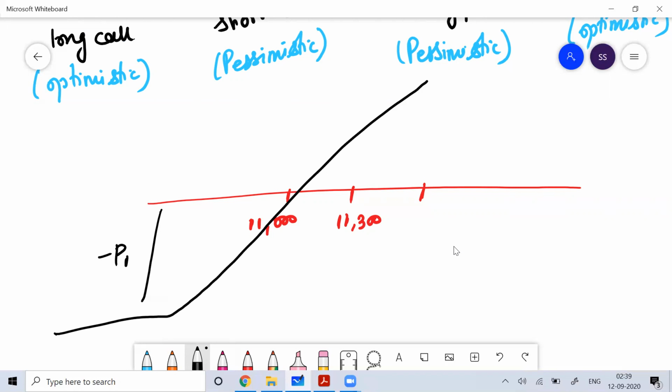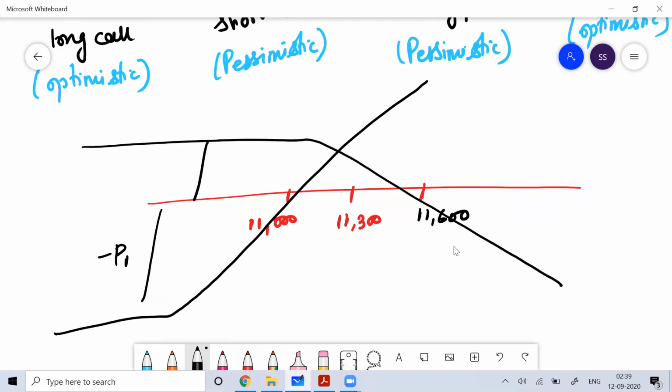So in every case, suppose Nifty will not go beyond 11,600. So at 11,600 you can take a short call. Ultimately your total cost would be P1 plus P2, where P1 would be more than P2.